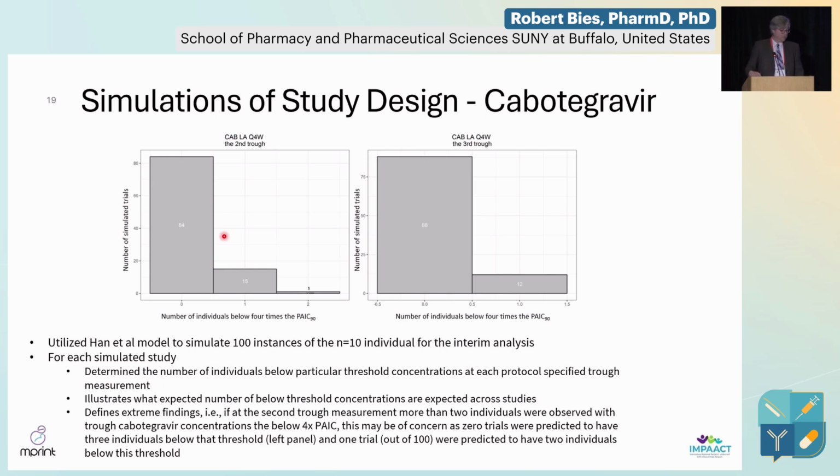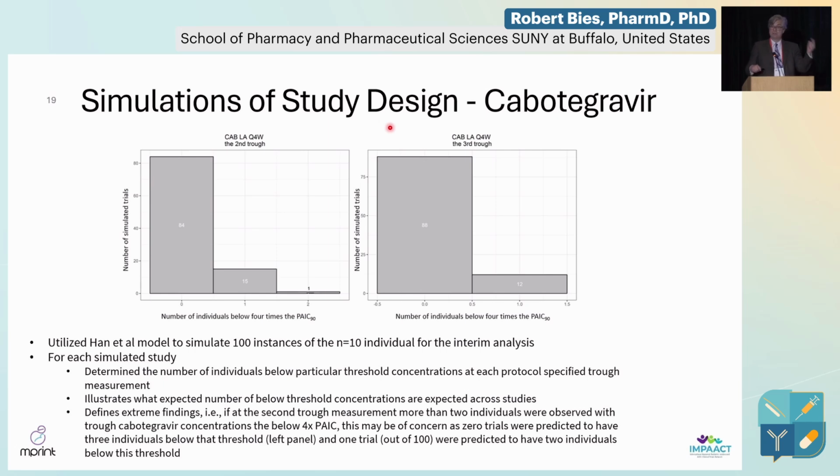By the third trough, you would expect that 88% of the time, if you were to run the study over and over again, you would actually see 0 individuals below that 4x PAIC90, and 12 instances with 1 individual.